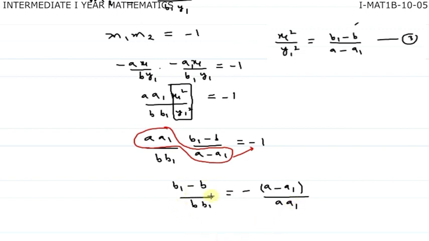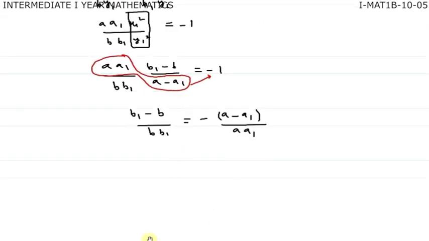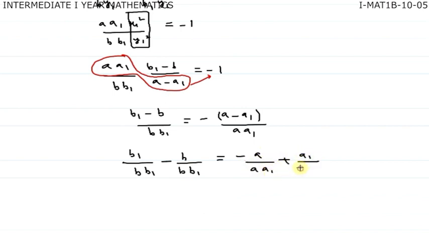Now divide these two terms with b b1 and these two terms with a a1. From that I will get b1 divided by b b1 minus b divided by b b1 is equal to minus a divided by a a1 plus a1 divided by a a1. So some terms cancel here. Now bring this term to this side and this term to this side.